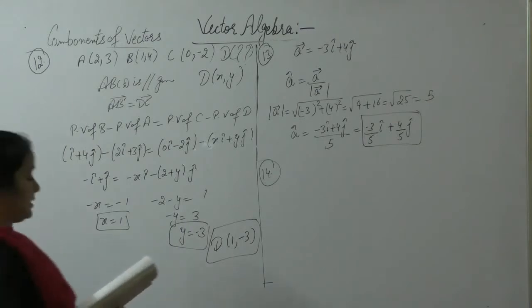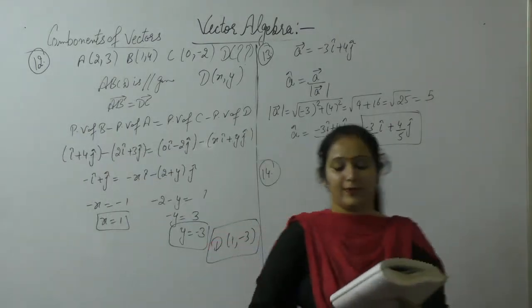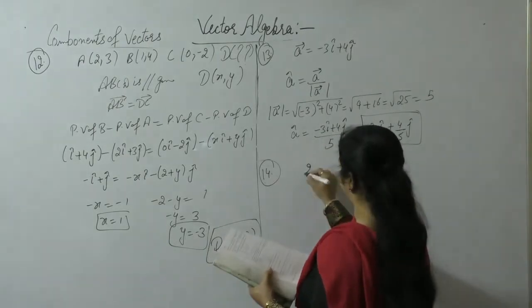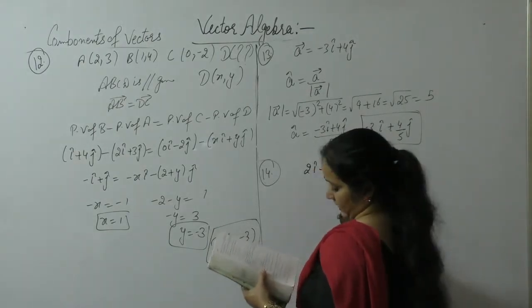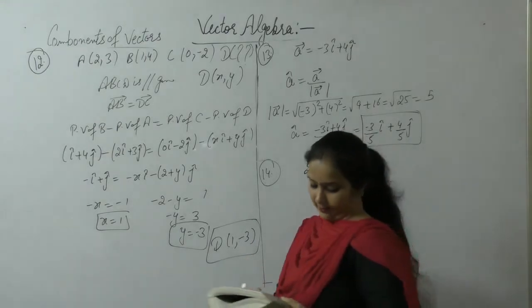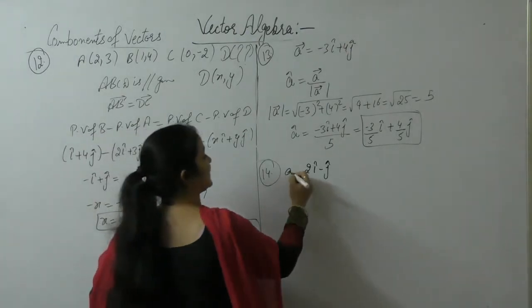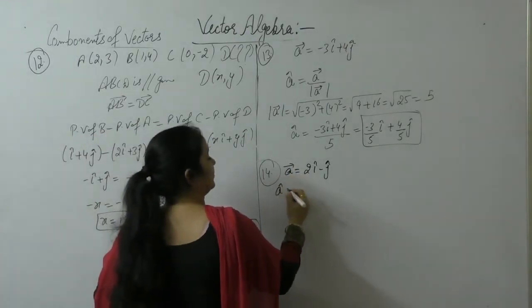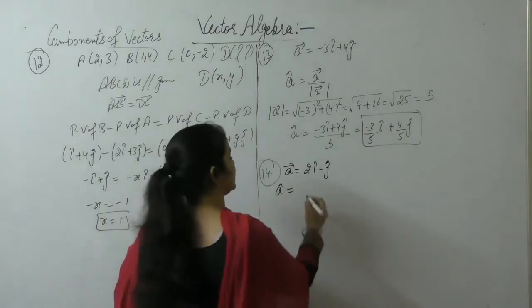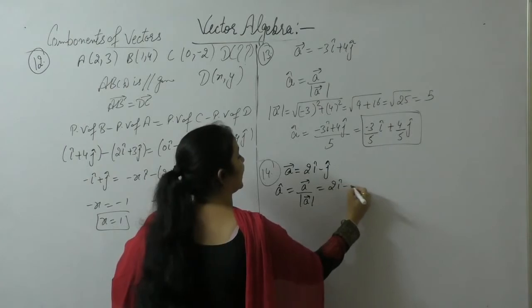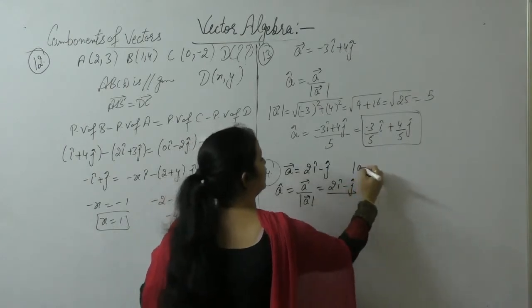Next one. Find a vector of magnitude 5 units which is parallel to vector 2i minus j cap. Let this vector be a vector. The unit vector parallel to this is a vector upon magnitude of a, that is 2i minus j cap upon the magnitude.